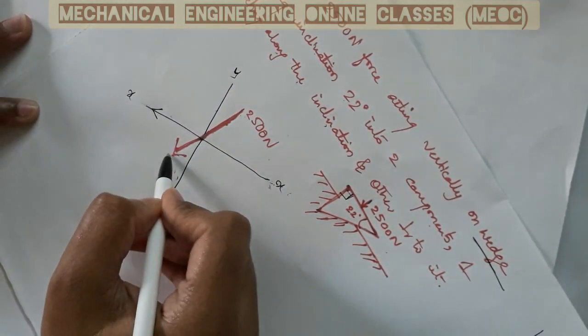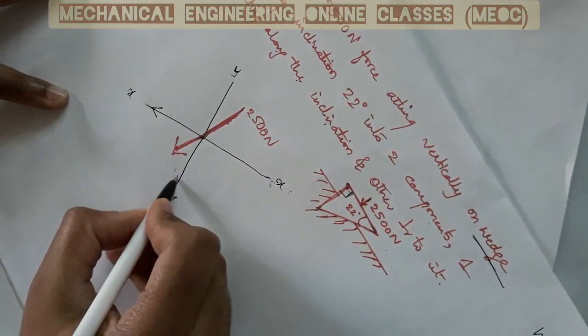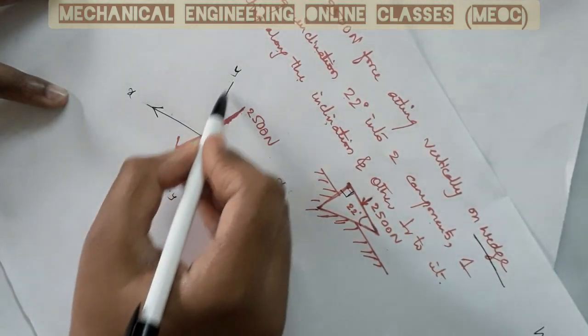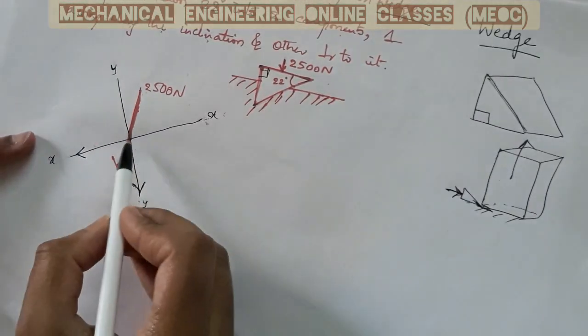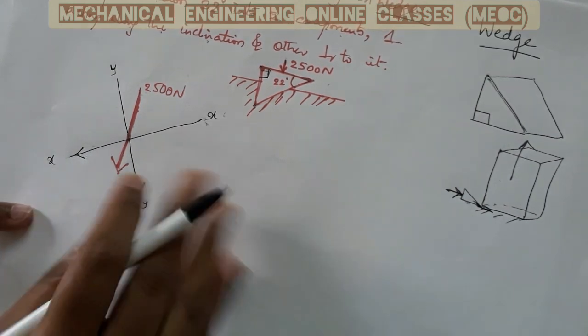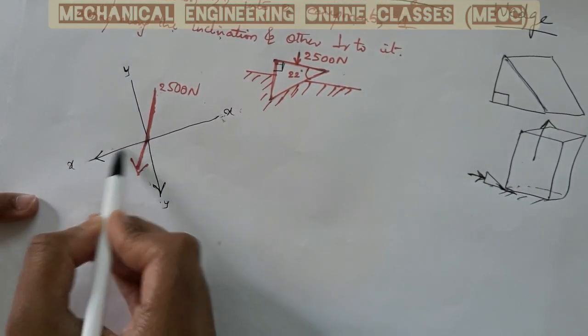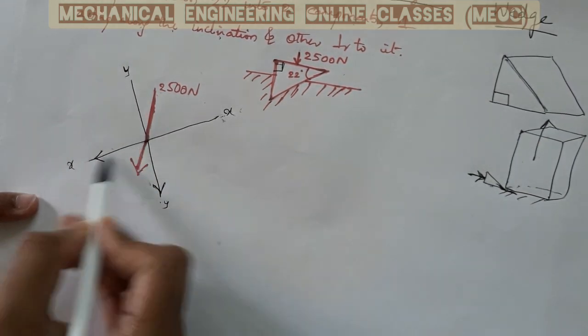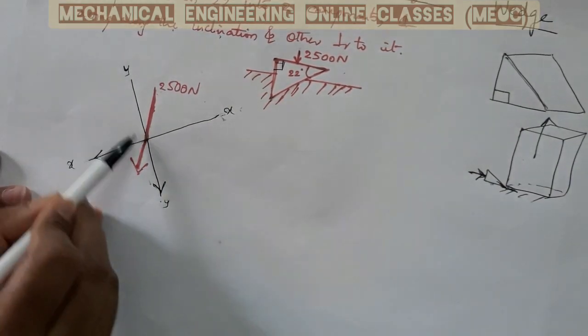Because it is downward also, and up and down is taken care of by this axis, the y component will be downward. So if this is the 2500 Newton force, the x component is leftward, and the y component is downward.